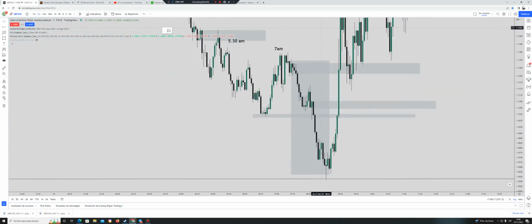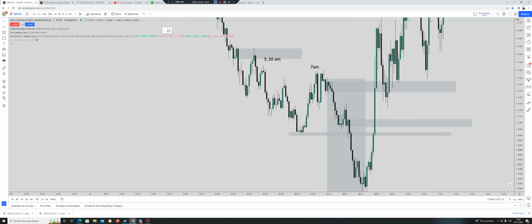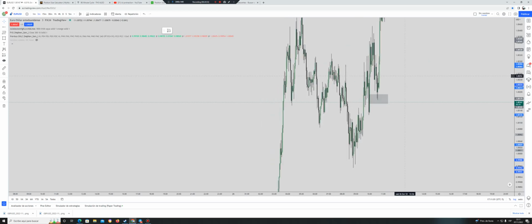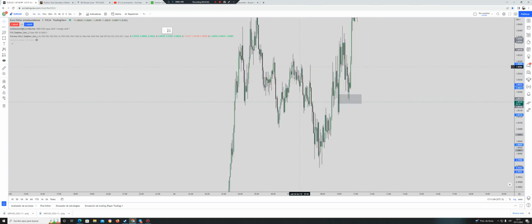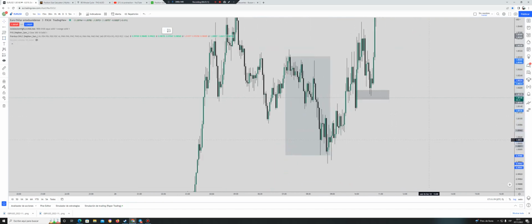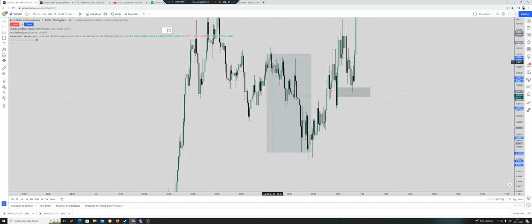Now I'm going to show you another example. Now here you have another example. This is 8 here. Look how they're moving the price down, down, down, down, down. Then it comes to 8:30, 8:40, I don't know. Look how they moved the price down. Market protraction, the fake move.